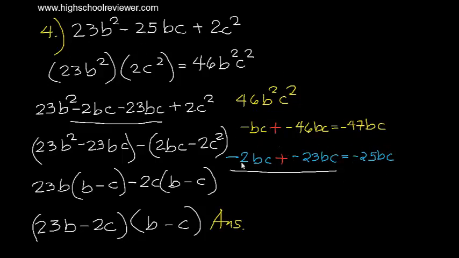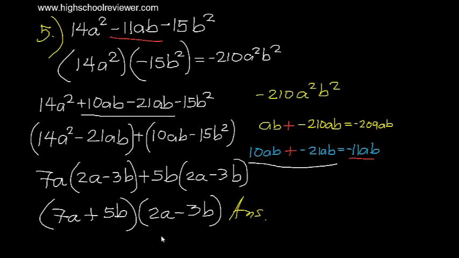So these are the factors that we are going to use, and then rewrite the equation using this. So we have here 23b squared minus 2bc minus 23bc plus 2c squared, and then do the grouping and factoring, and our final answer will be the quantity of 23b minus 2c multiplied by the quantity of b minus c.